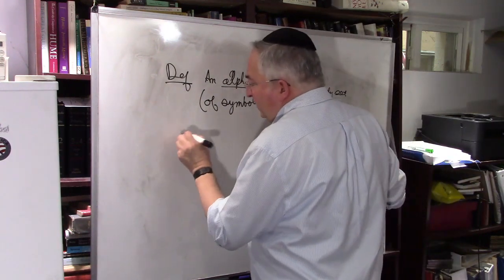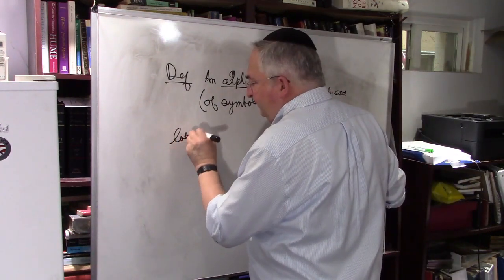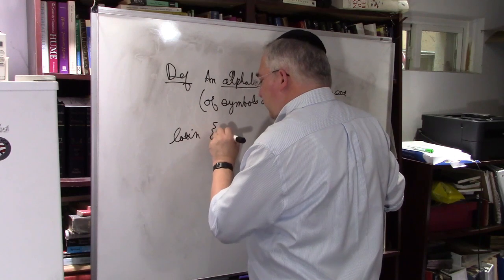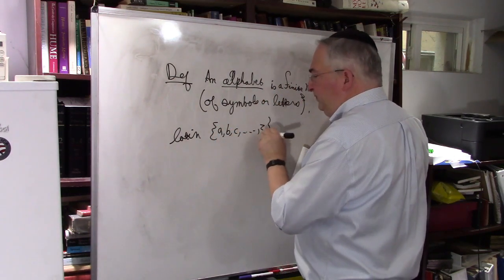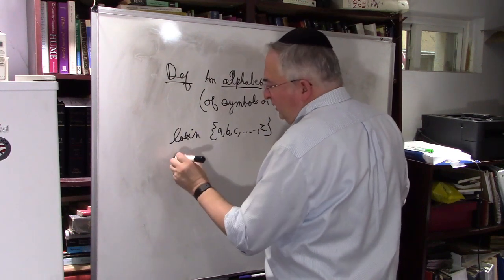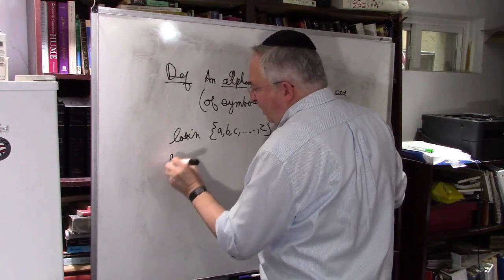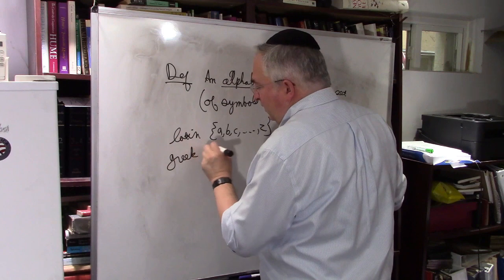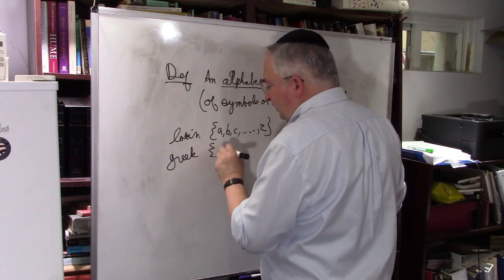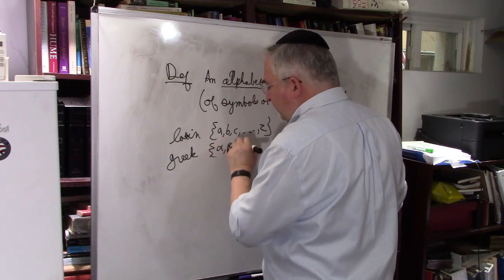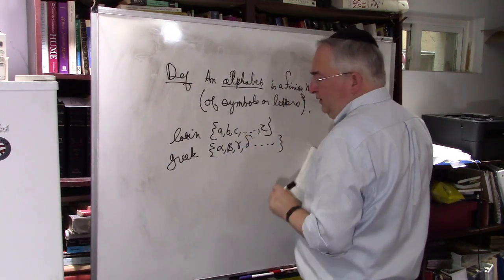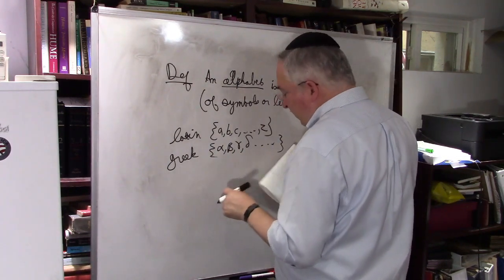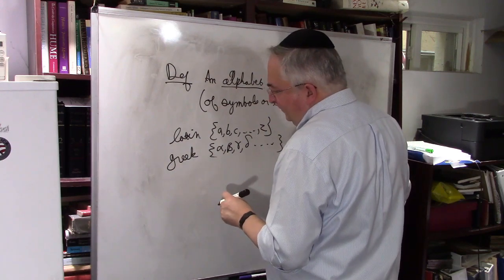The Latin alphabet is A, B, C, all the way till Z. As opposed to that, you might have the Greek alphabet, which, I told you, you've got to learn: alpha, beta, gamma, delta, et cetera. Capital letters maybe also.